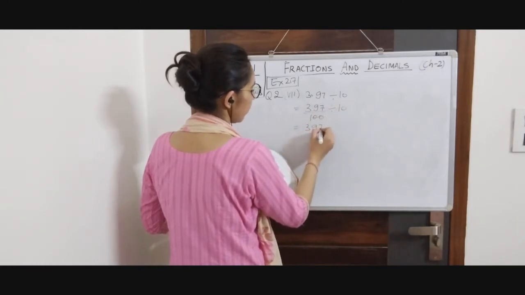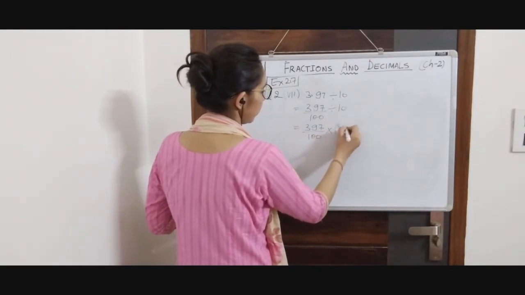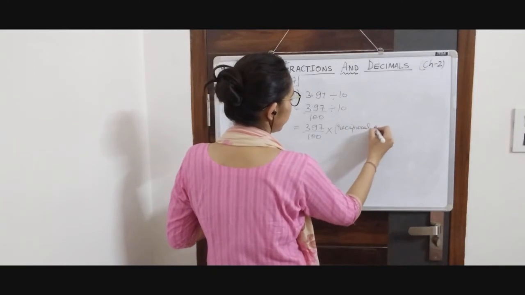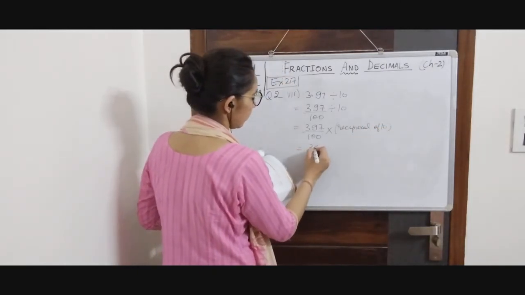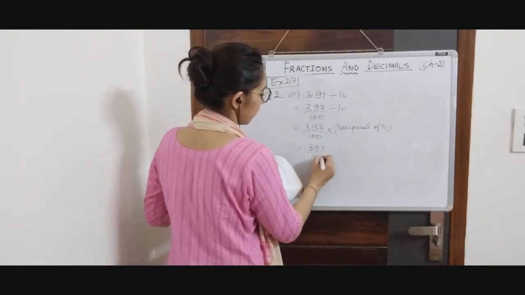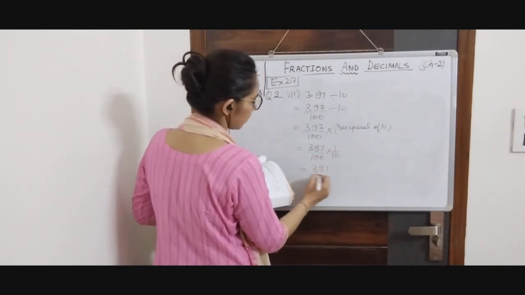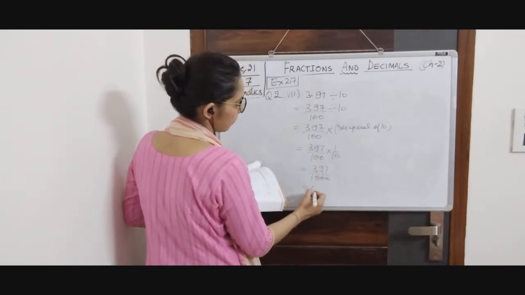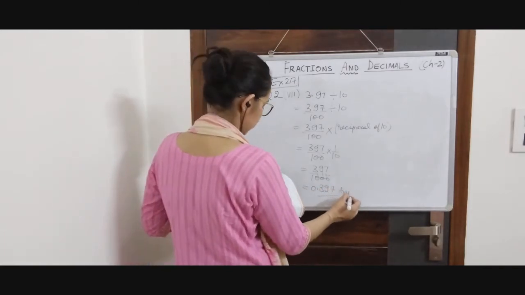Then convert division into multiplication by writing the reciprocal of 10 in place of 10. 397 by 100 into 1 by 10 will be 397 by 1000, which will be equal to 0.397. Okay, this is your answer.